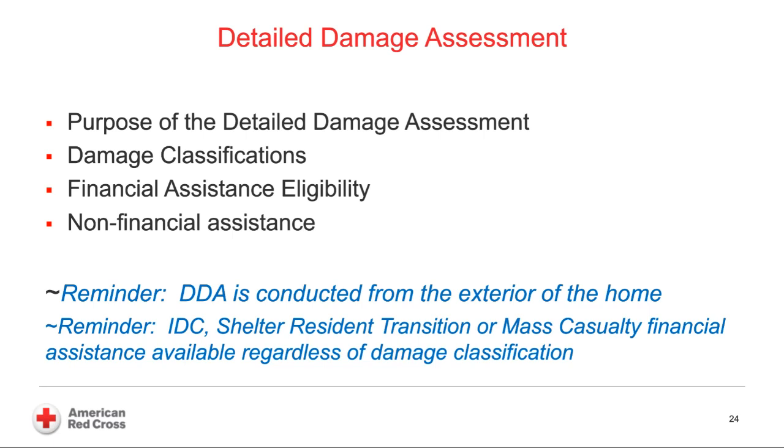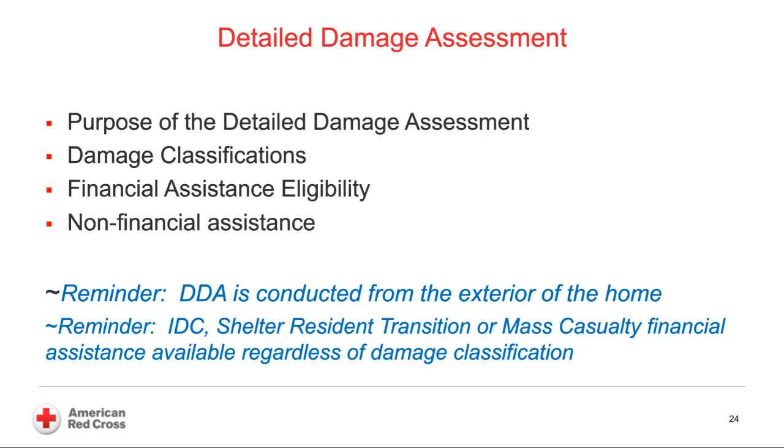So we're going to talk about the detailed damage assessment, but I would note that in our next upcoming back to basics office hours, we'll dig a little deeper into the detailed damage assessment. But I did want to cover the purpose of the detailed damage assessment. And again, we talked about identity and address confirmations.